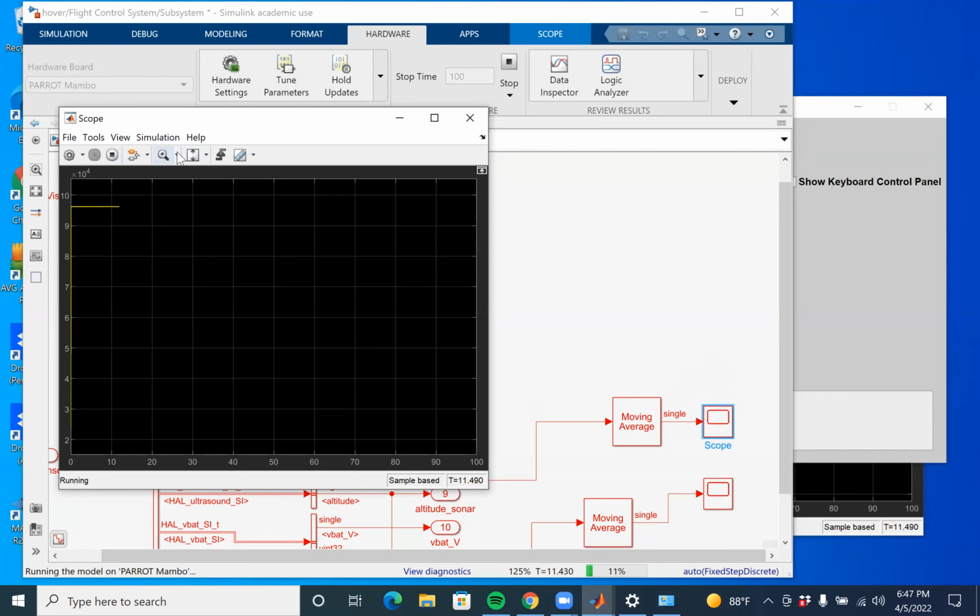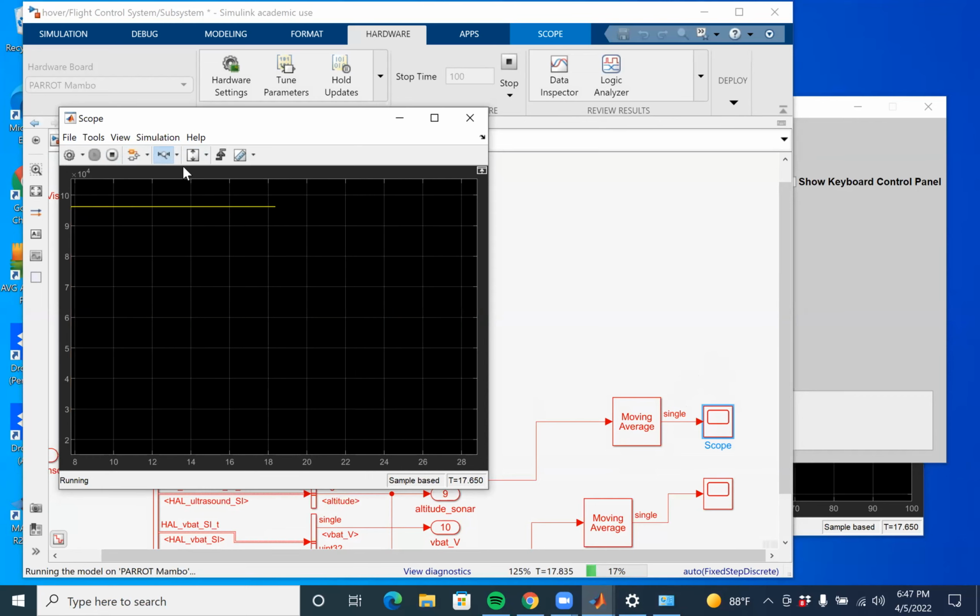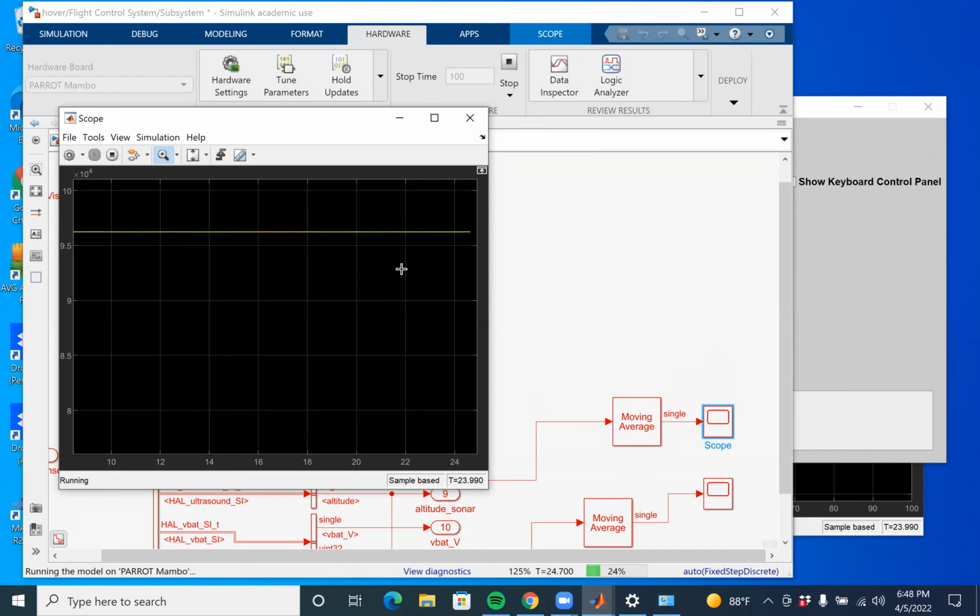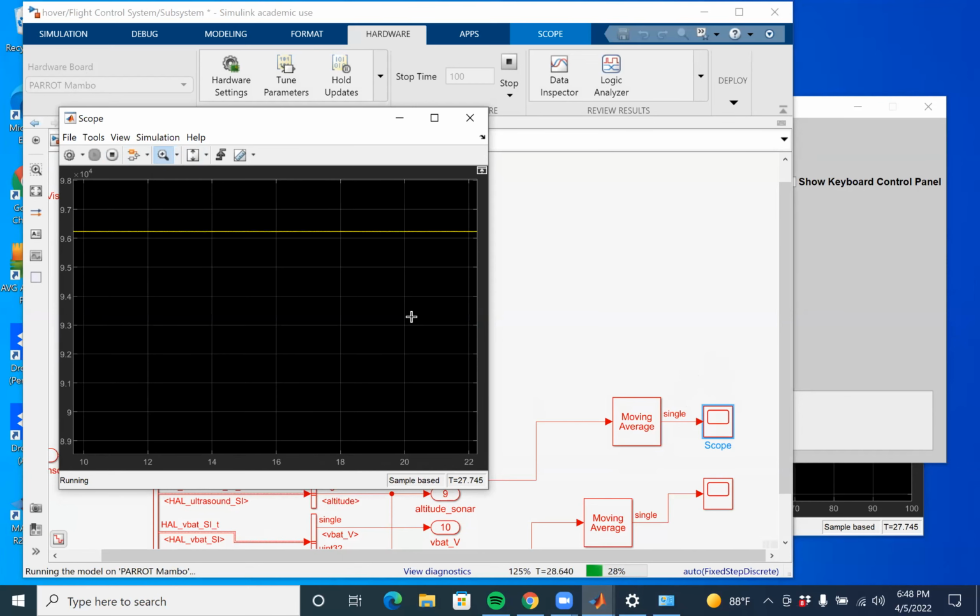So what you can do is zoom in, and you'll notice that the data is fairly stable.